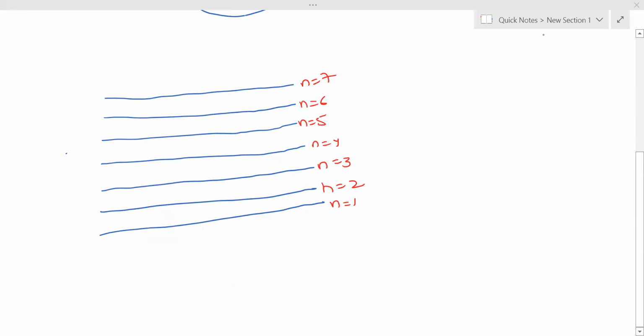So all the transitions between n equal to 2 and the other orbits are called the Balmer series, like between these two or these two. So all these transitions are called Balmer series.